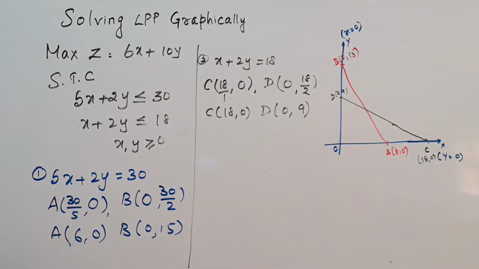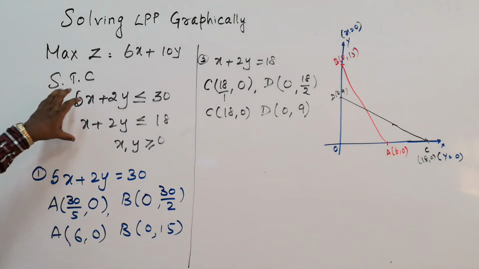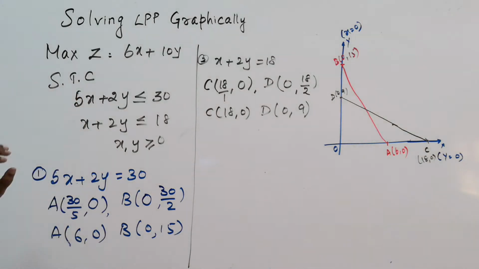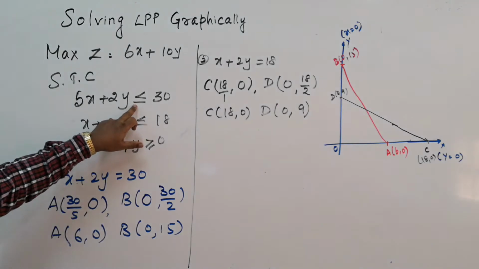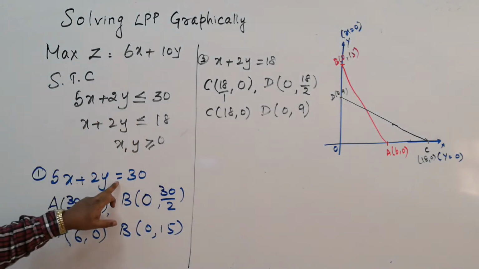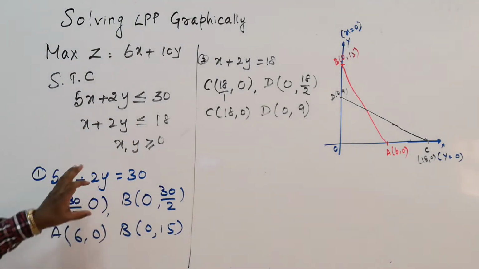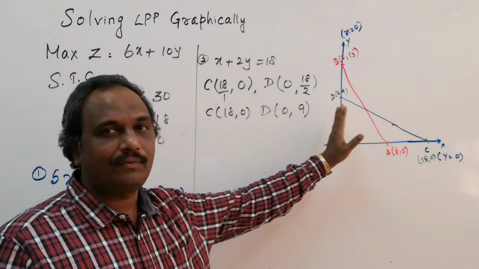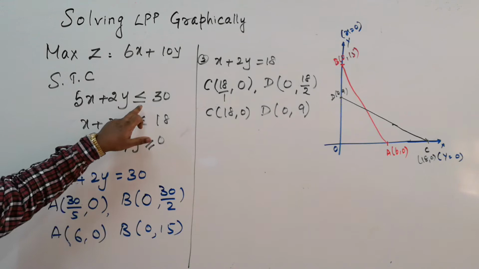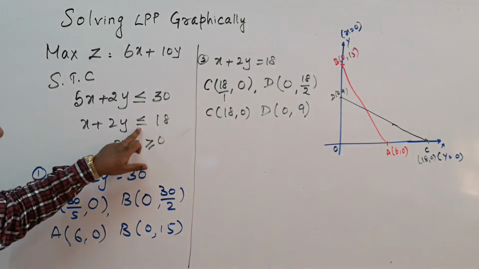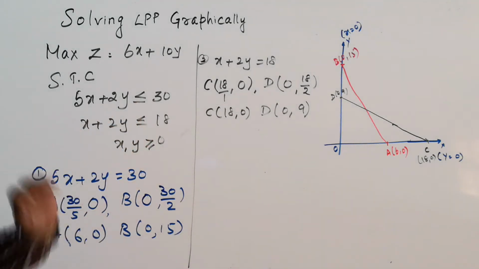Till now we considered only the equations of the constraints. We have not considered the constraint as it is: we are having less than or equal, but we have considered equal because we want to draw the graph. Now my constraints are less than or equal.